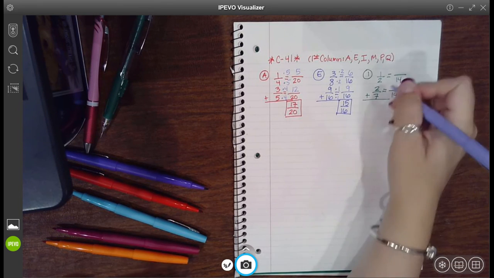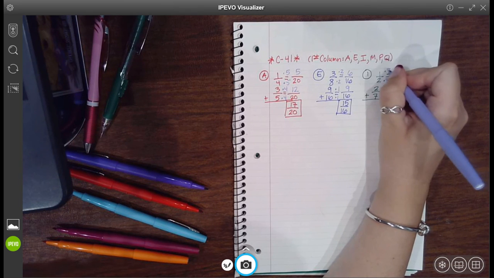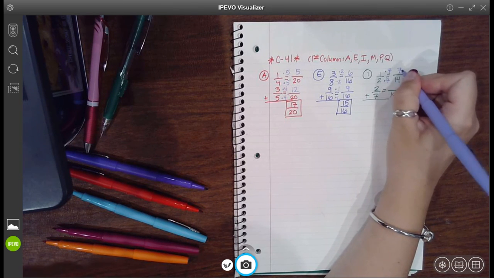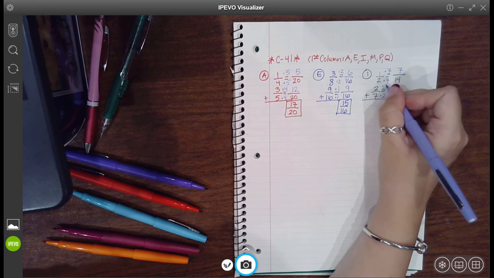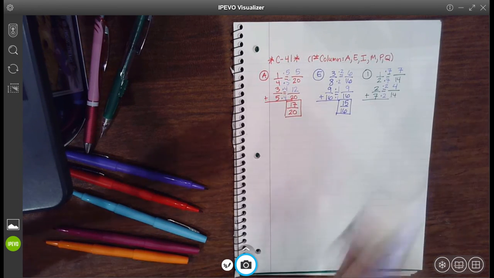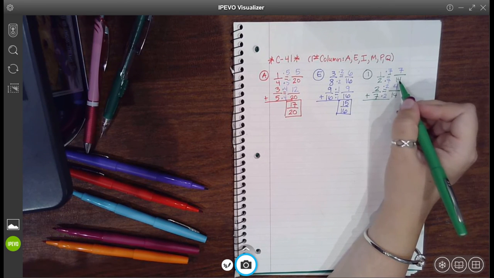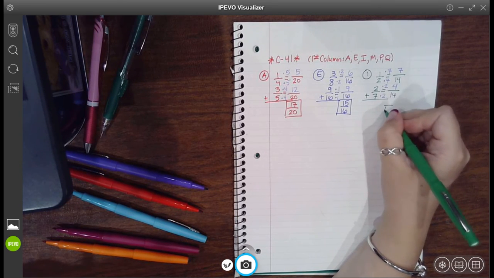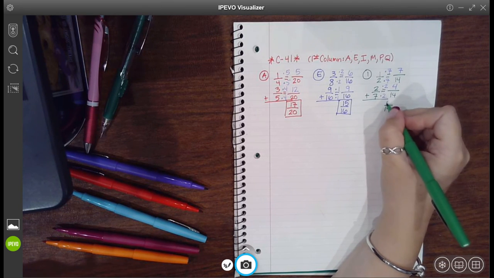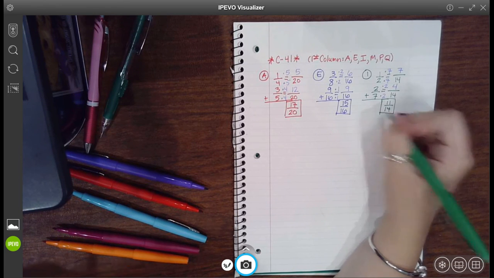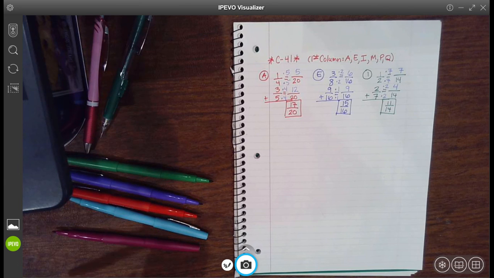So think to yourself, 2 times what is 14? 7. So 1 times 7 is 7. 7 times what is 14? 2. So same thing on top. 2 times 2 is 4. Now that you have equivalent fractions, the originals, but with common denominators, keep the denominators the same. Add your numerators. 7 plus 4 is 11. You can't reduce it. It's not improper, so you're done.